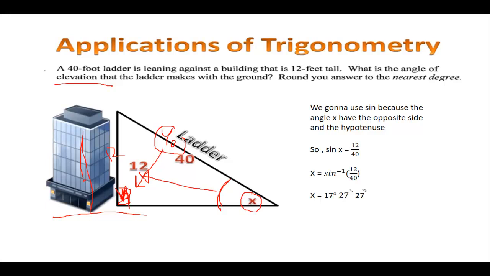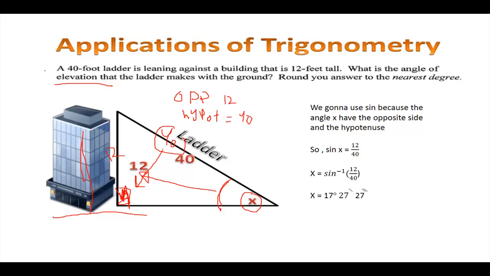So we have the opposite side to x, which is 12, and the hypotenuse, which is equal to 40.